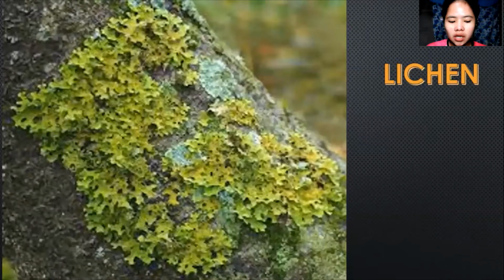So lichen, according to the study, is the first photosynthetic organism. So oxygen during this time is available na siya, but not that much in our atmosphere. Sabi nila, it could compare daw to the modern level.